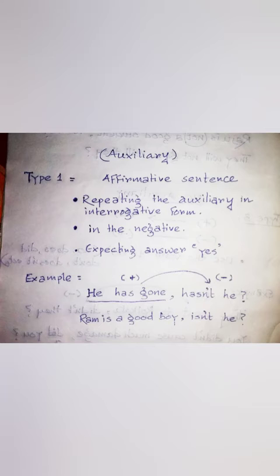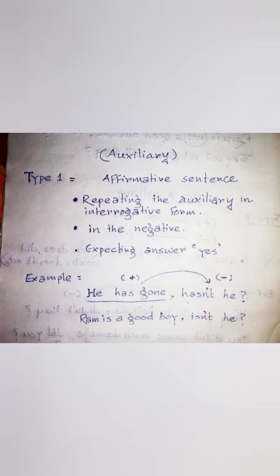If you go to the second example, the same thing is there. Ram is a good boy. Here the auxiliary verb is is, so is is repeated in the question tag: isn't he? At the same time, as the sentence is affirmative, we make the question tag negative.